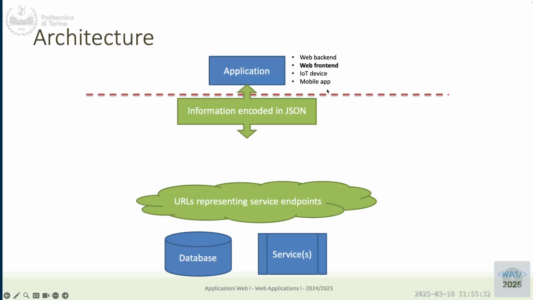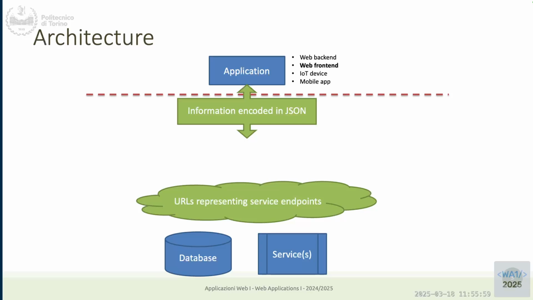The idea behind HTTP-based interfaces is that all the information exchanged between the application and the server is always encoded in JSON. Nowadays, maybe 10 years ago it was XML, and in 10 years, I don't know, but currently, JSON is a good format for exchanging data.